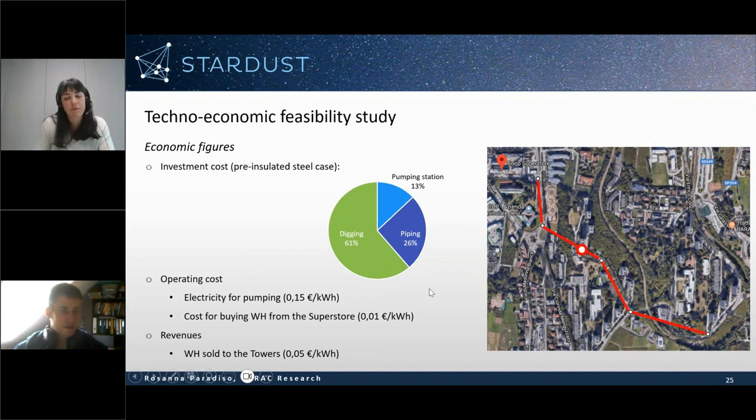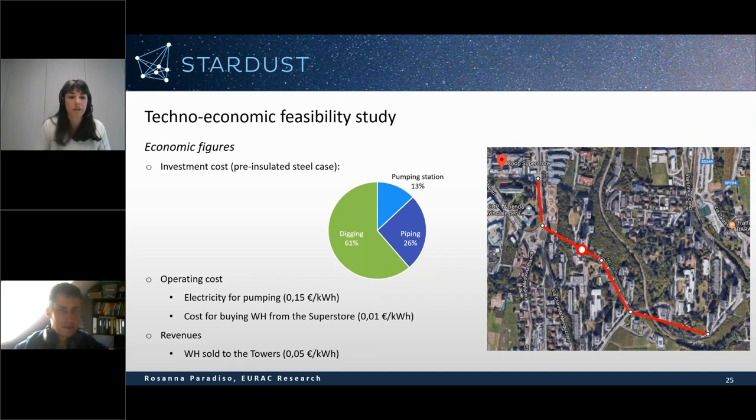Then the operating costs are the electricity consumption cost for pumping, and it has been assumed this value for electricity, which maybe should have been a little bit updated because this calculation was made more than 1 year ago, and the cost for buying waste heat from the superstore. This system has been supposed to be owned by a third party, external to the COP Superstore and the towers.